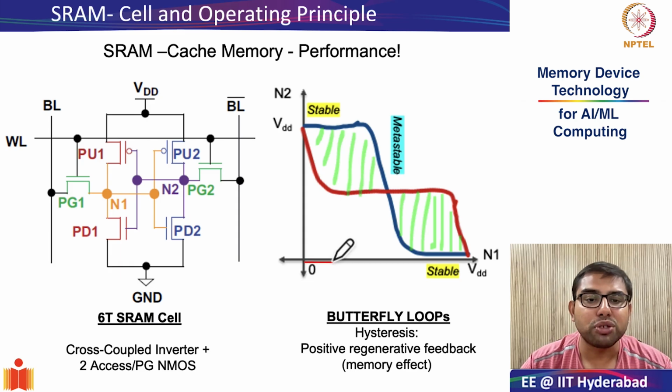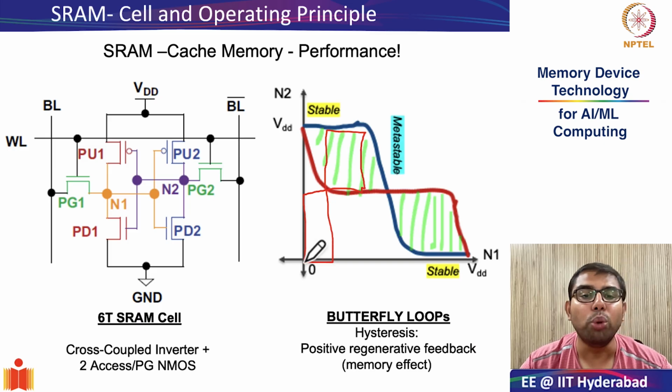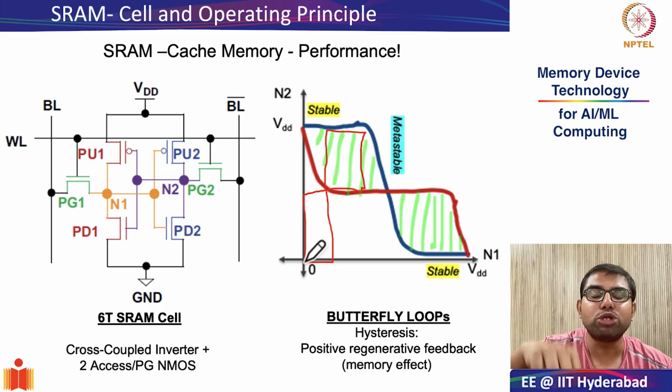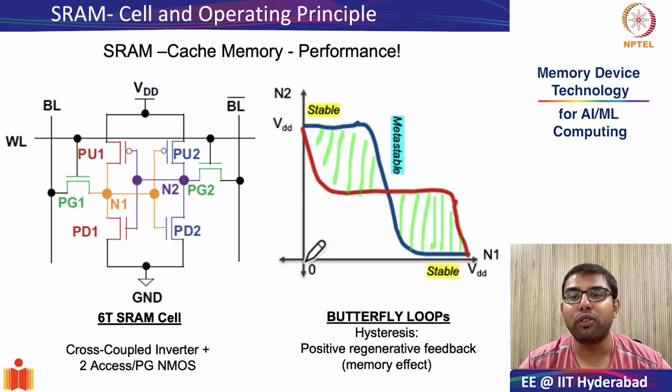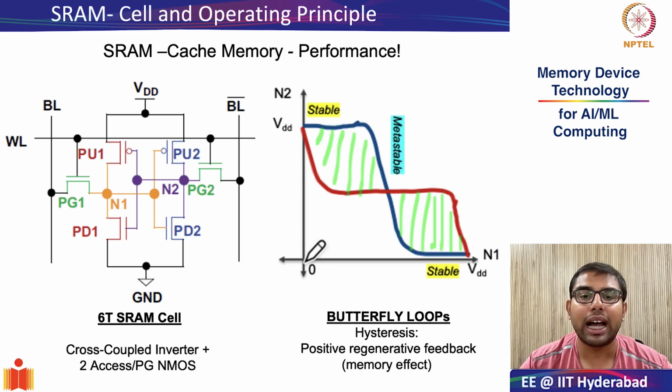So if a small bit of noise comes into the internal storage node N1, we saw that while bouncing off the hysteresis loops, it again comes back to its original position. So this positive regenerative feedback was responsible for making sure that this system has a reasonable noise margin.